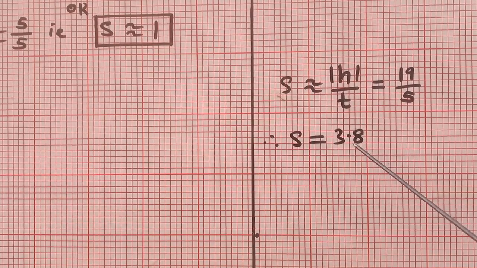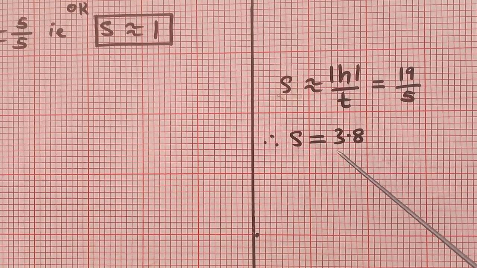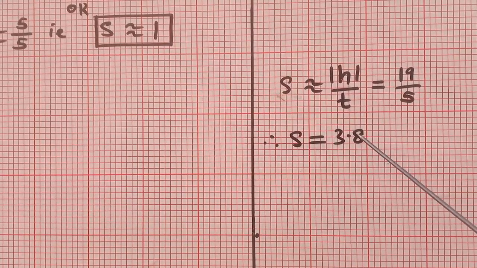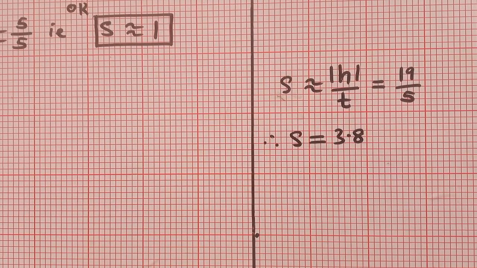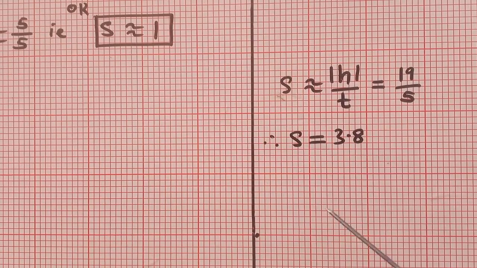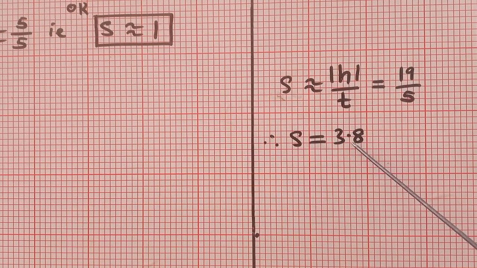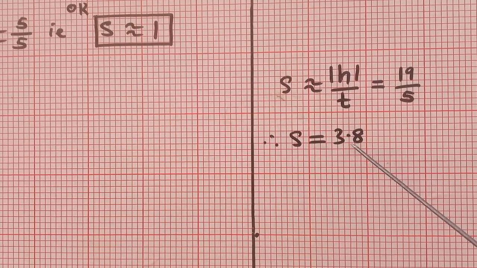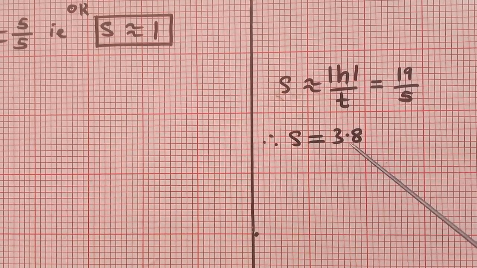If you push this 3.8 up to the nearest higher number, which is acceptable as a preferred scale, what number could that be? It is 4. 4 is okay. 4 is an acceptable scale because it can be used to calibrate without needing a calculating device. 4, 8, 12, 16, 20, and in that manner.